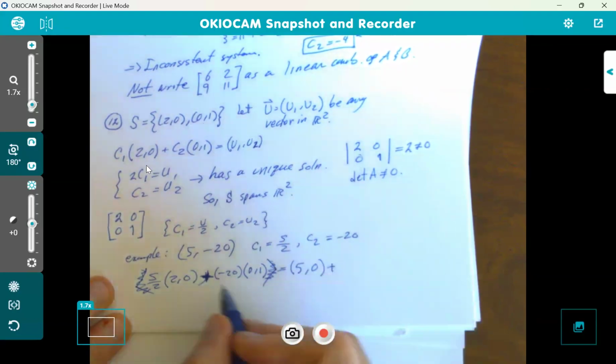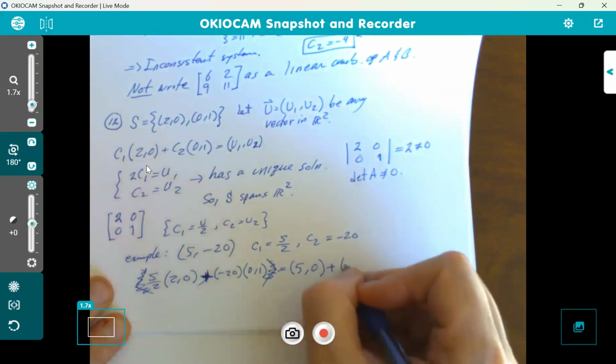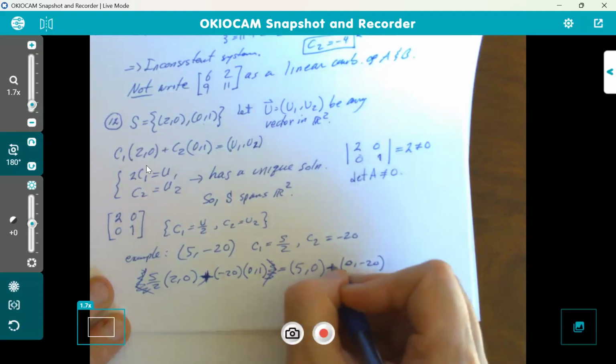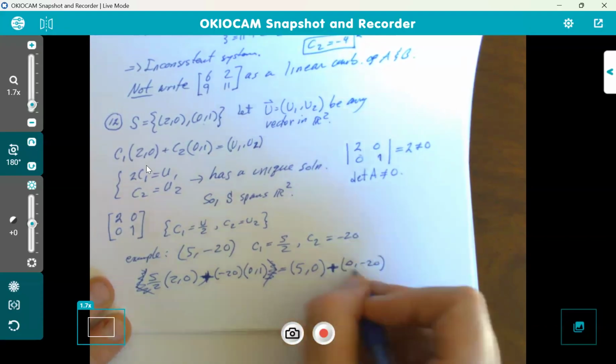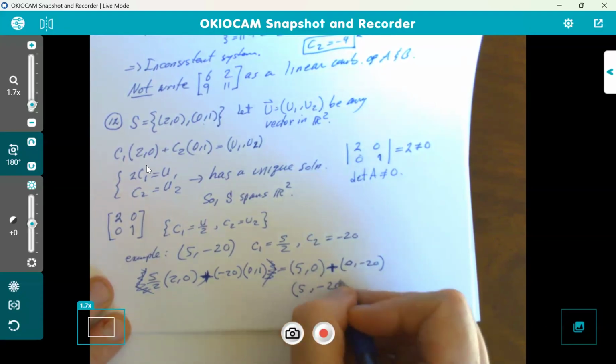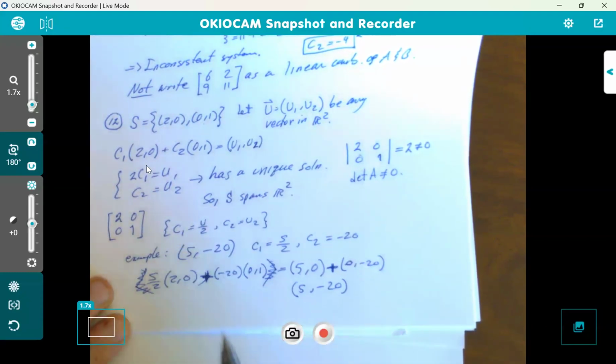Plus negative 20 times (0, 1) is (0, -20). See, I'm adding two vectors. First components, 5 plus 0. Second components, negative 20. And that's exactly what this is. Okay, so there you go. That worked. Sorry about that.